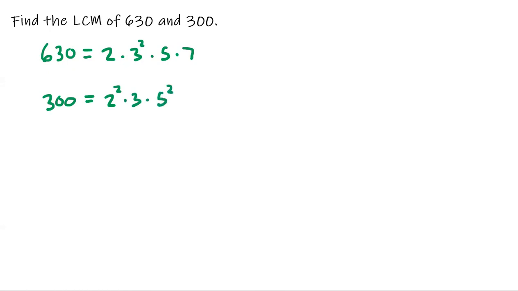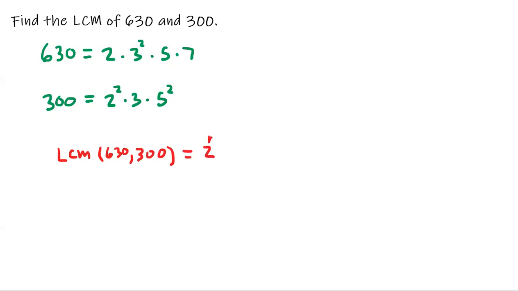Now the GCD was found by taking the minimum power of the shared terms. The least common multiple is found by taking the maximum of these. So to list out the LCM of 630 and 300, we take the maximum between these two.